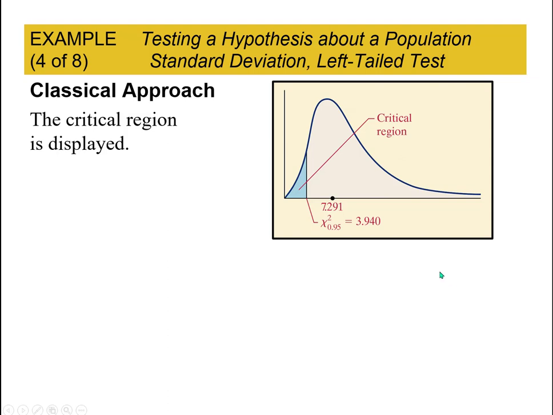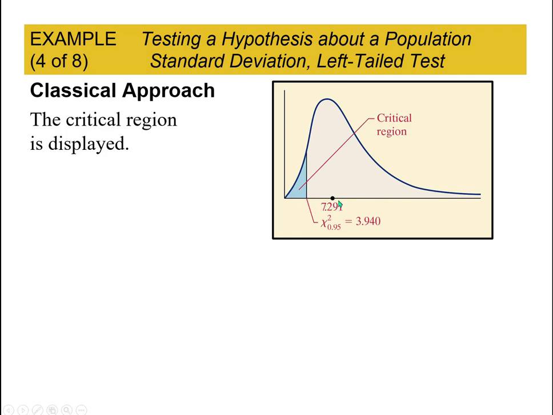Okay, so with our classical approach, the two numbers that we need are our critical value, which we just found from our table, which was 3.94, and our test statistic, which we computed a little while ago by hand. It was 7.291. And remember, if we have our test statistic in our critical region, that's when we reject the null hypothesis.